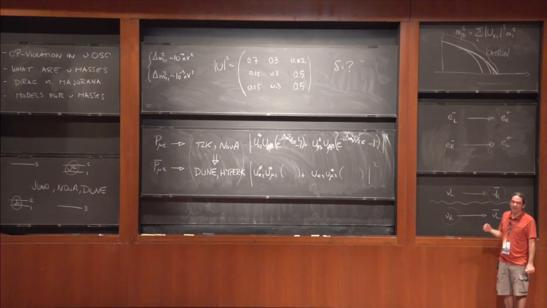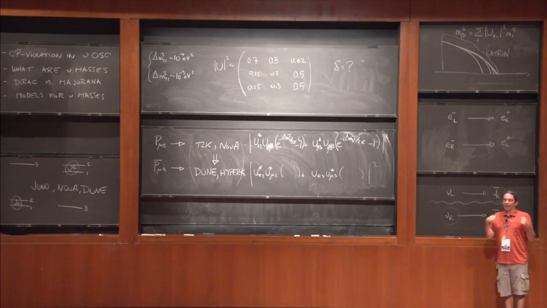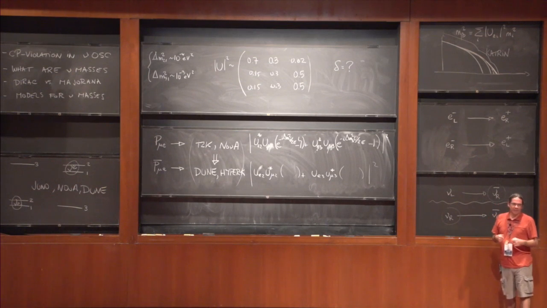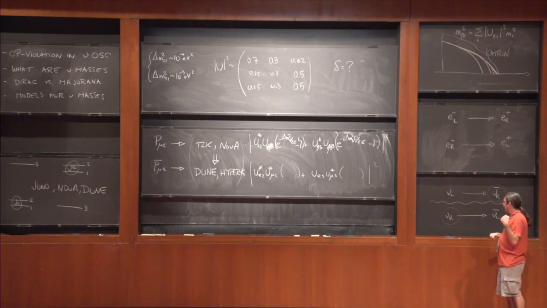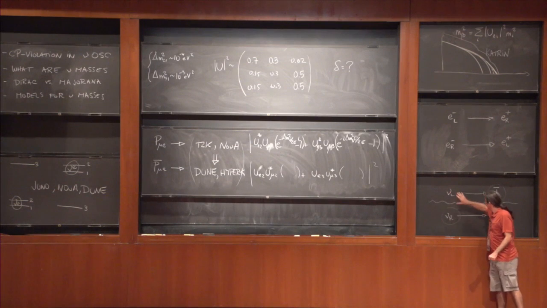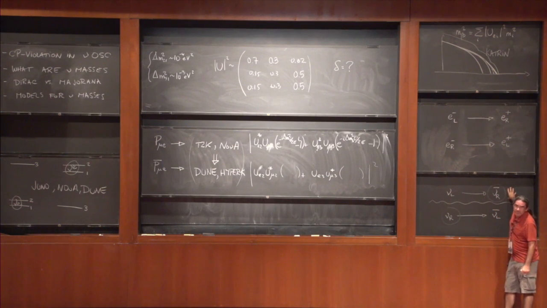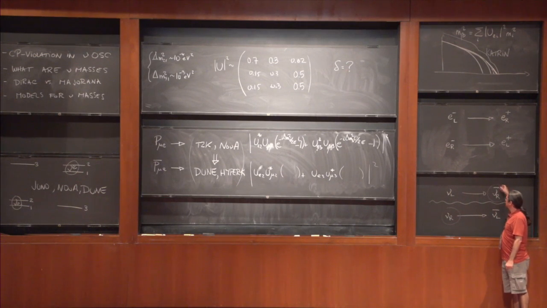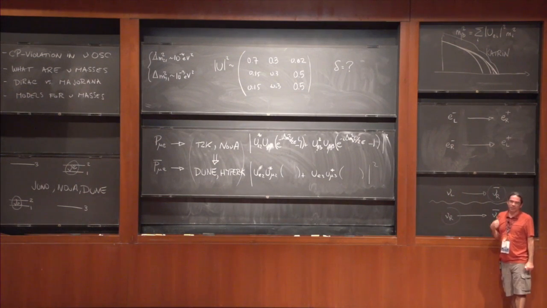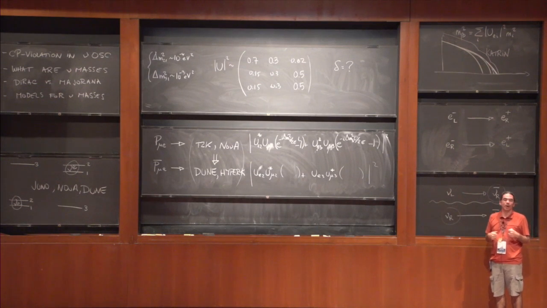I guess the last thing which I'll say about this is, nonetheless, even if the neutrinos are Majorana fermions, we still speak about the neutrino and the anti-neutrino. And you also hear the statement that if the neutrinos are Majorana fermions, it is its own antiparticle.